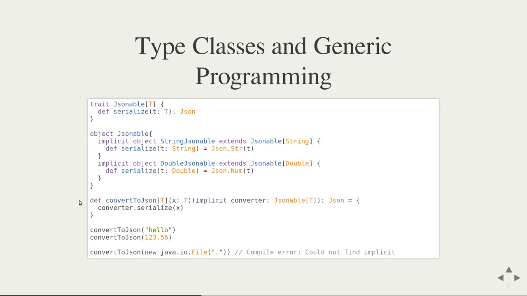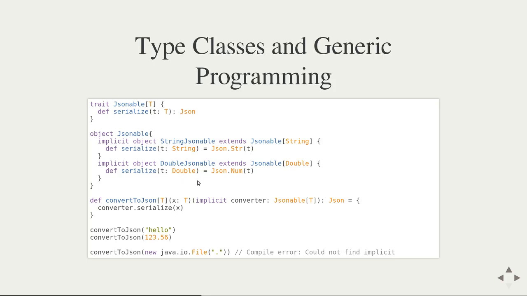Basically, it allows you to say, I have these classes that behave as something that can be turned into JSON. And so even though String and Double, which are defined very much outside of my control as part of the Scala language, I can make them appear to almost inherit from a class that has a toJSON property.